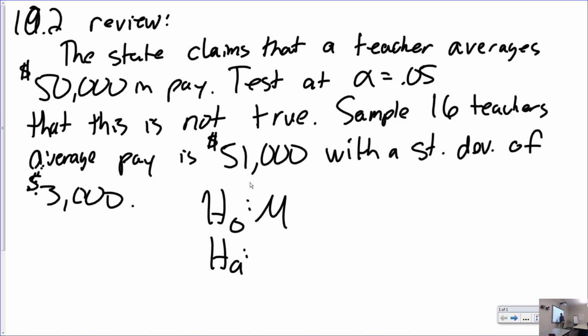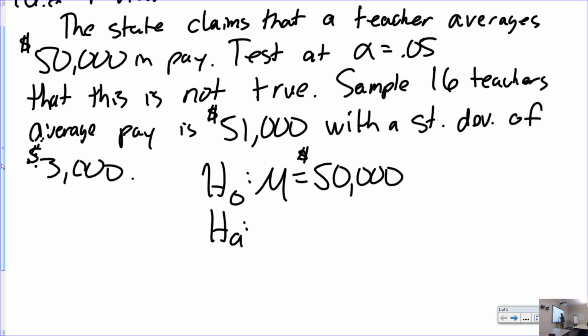So the Ho is that mu equals the $50,000. Now what's the opposite of equal to? Not equal. Okay, good. So the Ha, or what we're trying to prove, is that the average teacher salary is not $50,000. It's something else entirely.